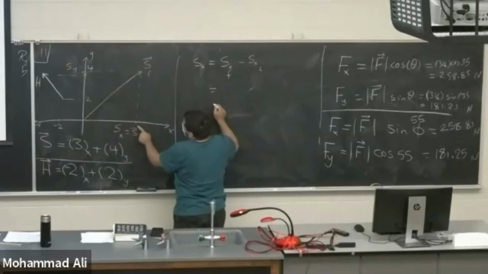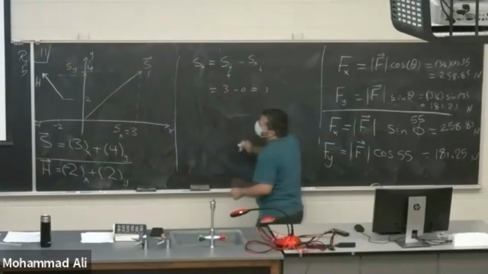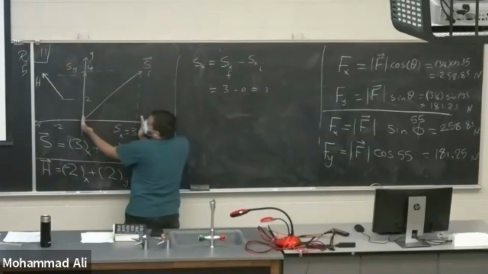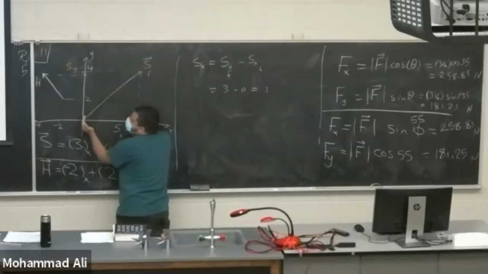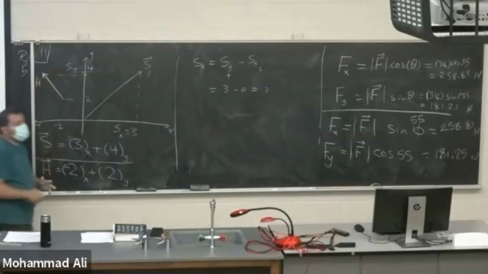And it is 3 minus 0, so it is 3. I take the difference between the starting and the ending point. Also here, I need to take the difference between the starting and the ending point.